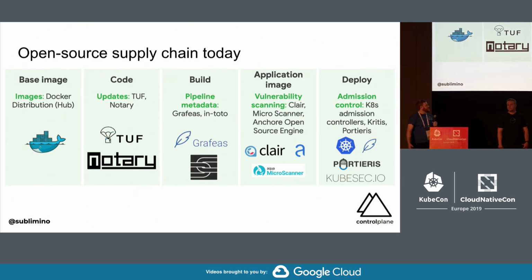And then at the deploy stage, we're using Kubernetes, obviously, kubesec.io, which is a ControlPlane product, Portieris from IBM, and then again, Grafeas when we pull in the metadata. So here are the ones we're using today: Harbor, Notary, Clair, Portieris, and kubesec, as well as Docker, obviously.